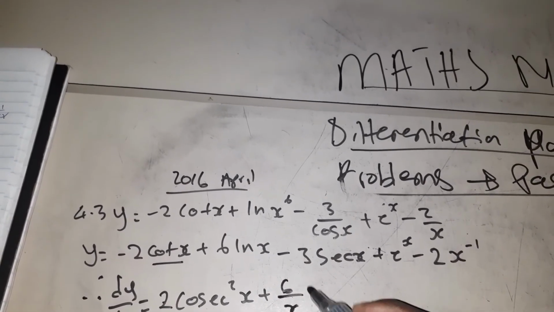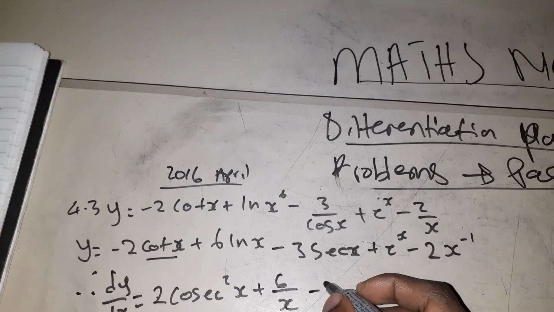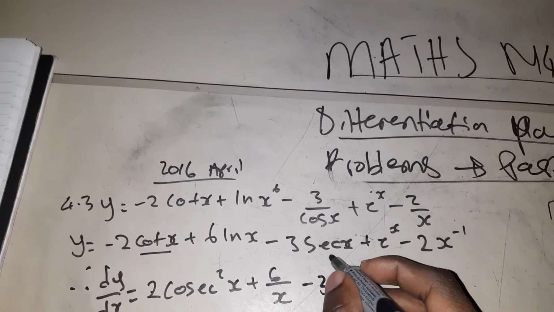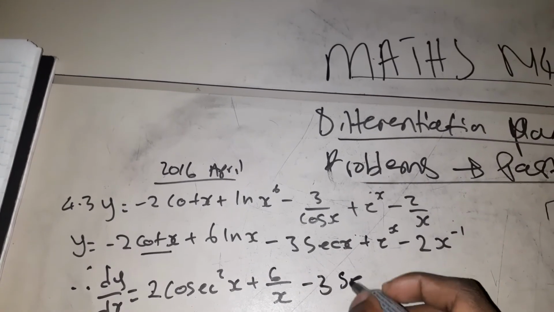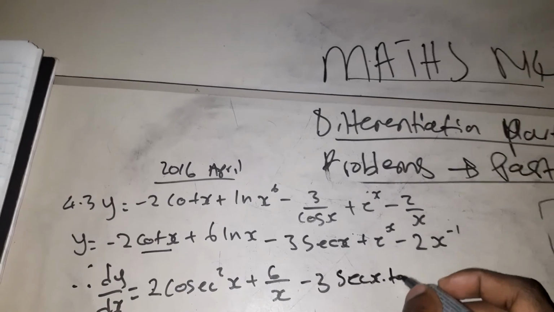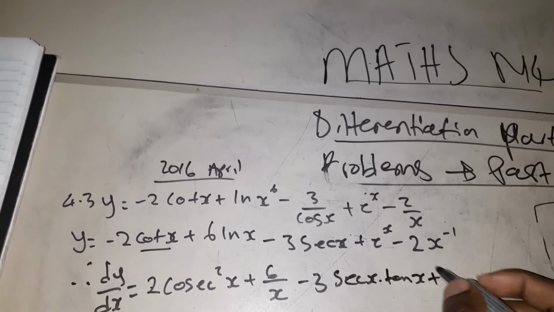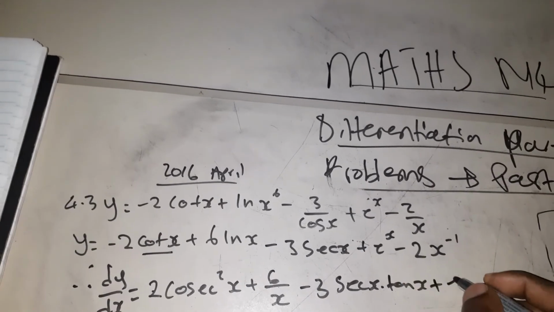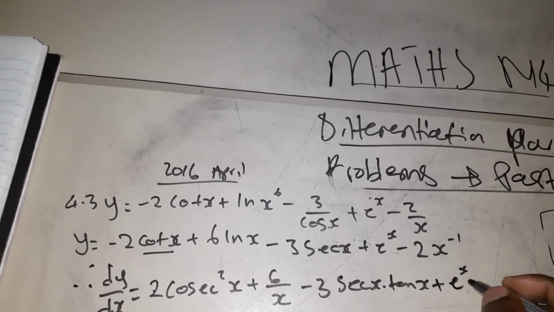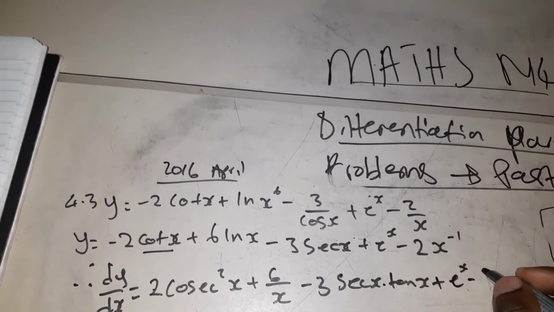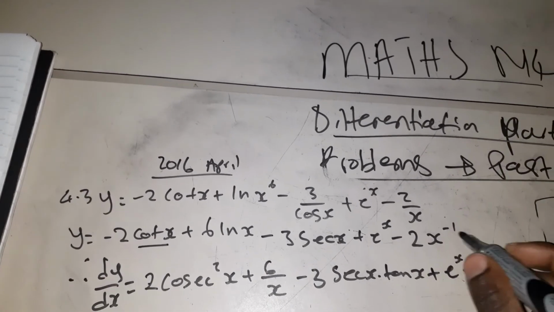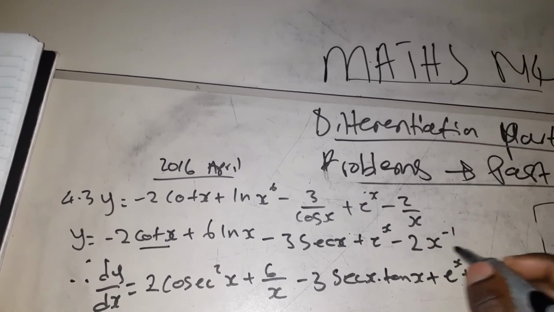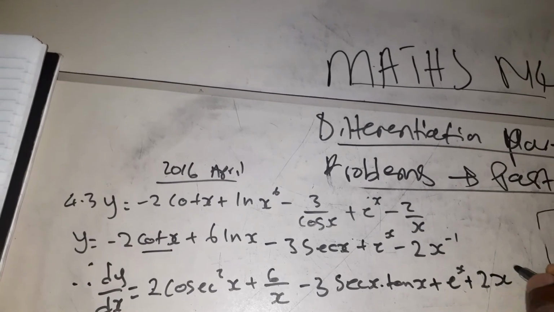Then minus 3. The derivative of secant x is secant x multiplied by tan of x. Then plus, remember I said for this type of problem where you have e to the power of something, just write it exactly as it is and multiply by the derivative. Then we'll have minus plus, because negative 1 times negative 2 is positive 2. Then x minus 2.